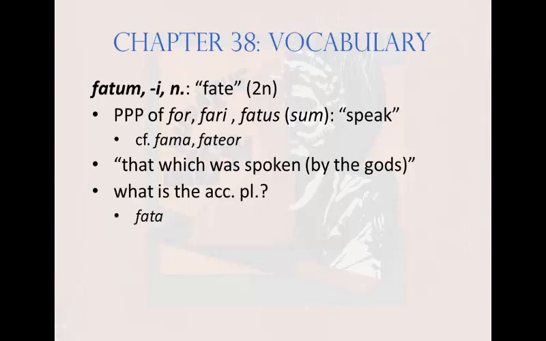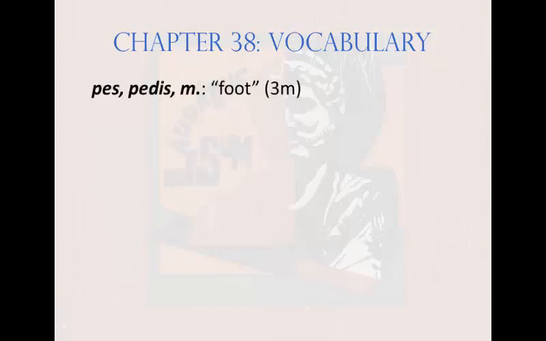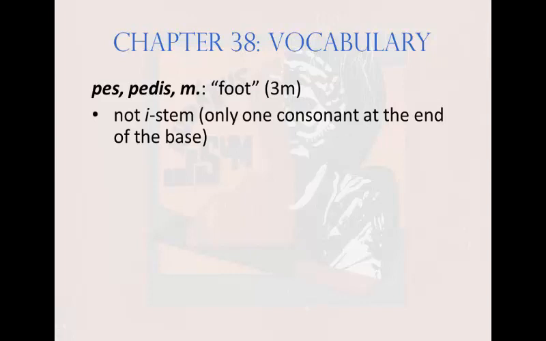And the last word on this vocabulary list, pes pedis, masculine, meaning foot. It's a third declension, masculine noun. And is it I-stem? No, it's not. It is monosyllabic, but there's only one consonant at the end of the base. So that's 3 strikes for I-stems in this vocabulary. Actually, 4. I is out of the game.